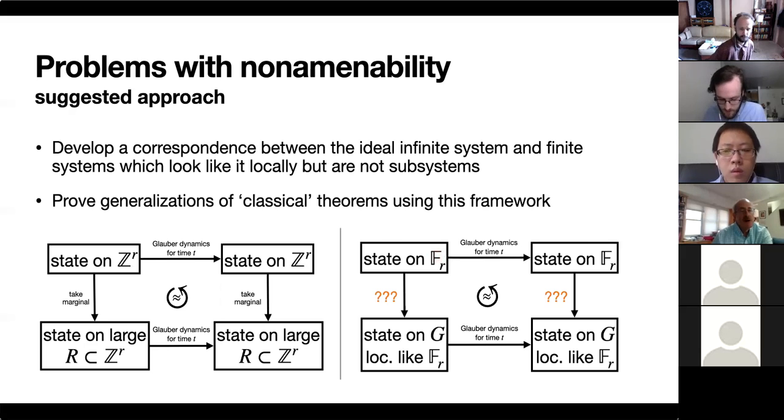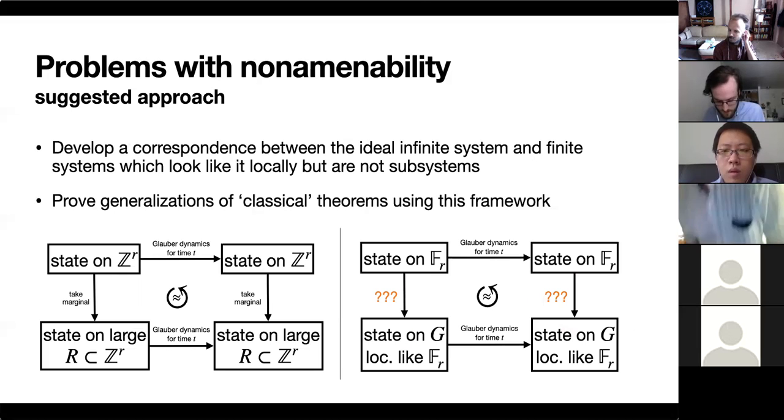And then I want to come up with some similar setup where I can do this, but now I have something which is not actually a subsystem of the ideal infinite system, so I can't just pass to a marginal. It's not really clear what this operation should be. But there is something which fits in here.